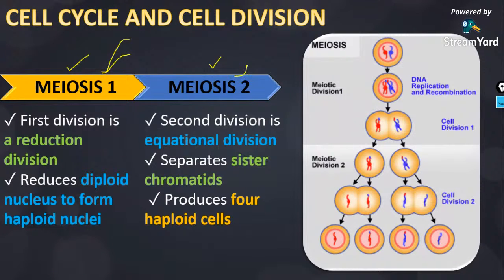In the same way, meiosis 2 also has karyokinesis and cytokinesis. The karyokinesis of meiosis 1 is further divided into four phases: prophase 1, metaphase 1, anaphase 1, and telophase 1.